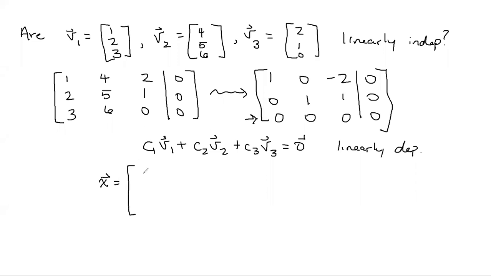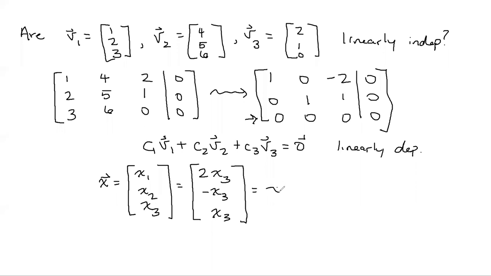So our solution set, again, we have three variables: x1, x2, and x3. To put this into parametric vector form, we take a look at that first row and say, okay, x1 equals 2x3, x2 equals minus x3, and x3 equals itself because it's free. We can factor the x3 out to give our final solution as x3 times 2, negative 1, 1.